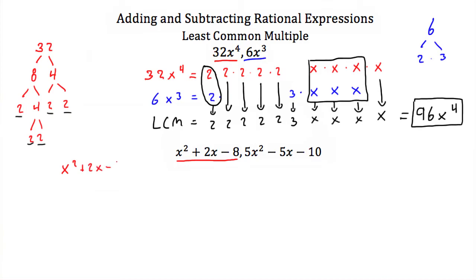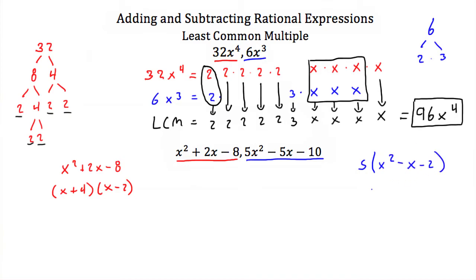This can be factored into x plus 4 times x minus 2. If I find the factors of 5x squared minus 5x minus 10, well, this has a greatest common factor of 5. So I'm going to factor that out, and I'll have x squared minus x minus 2.